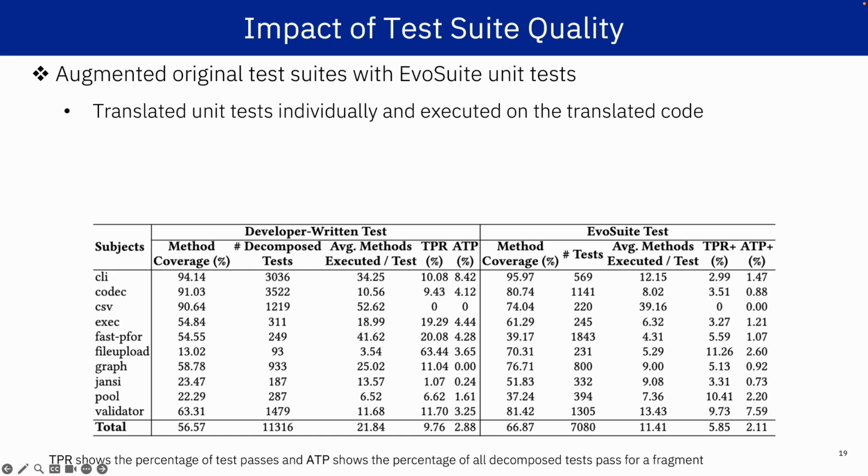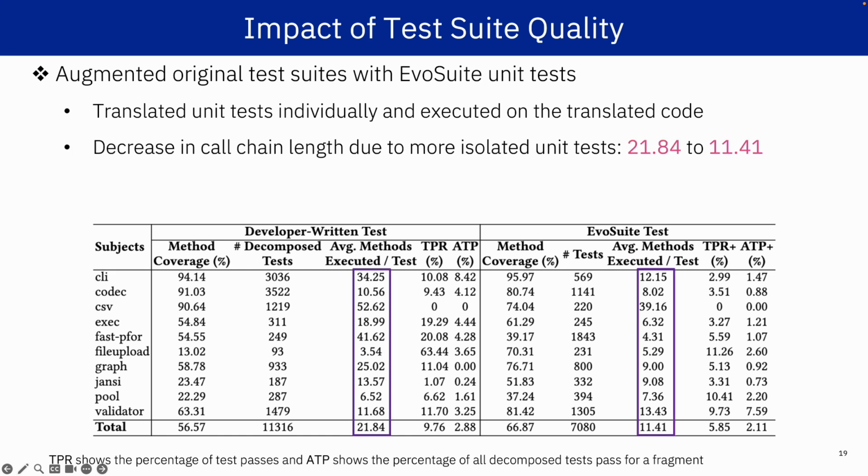We also studied the impact of test suite quality by generating more tests using EvoSuite. So we augmented the original test suite with EvoSuite to see the impact of better, more focused tests. Here, as you can see, we have the column showing the average number of methods executed for each test.